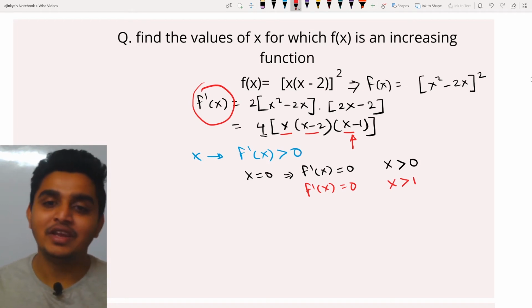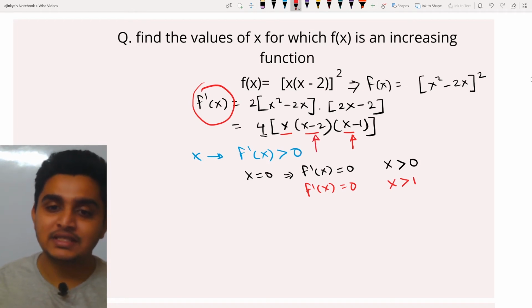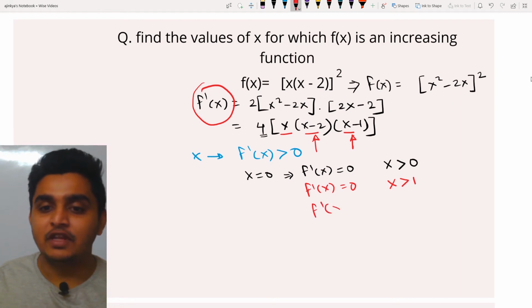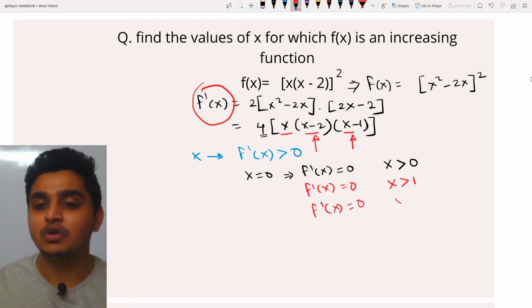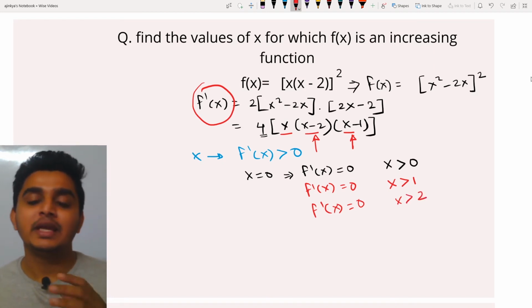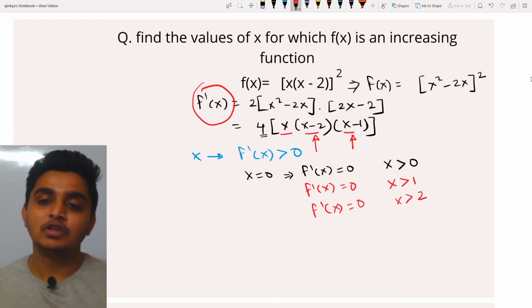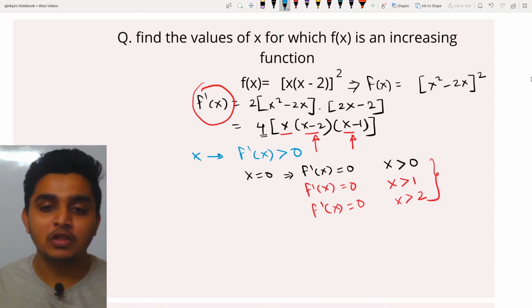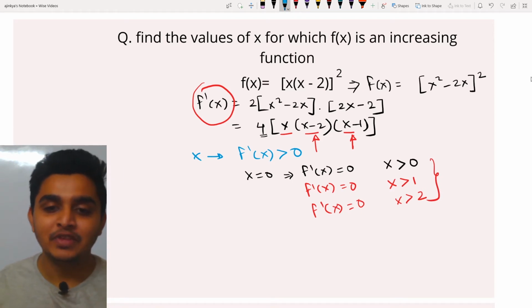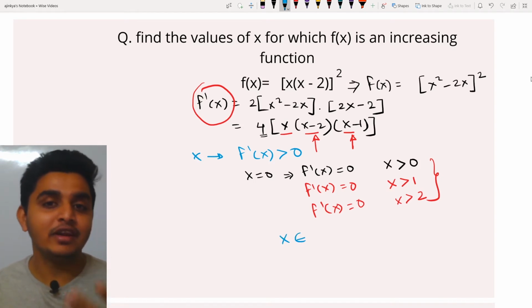And in the same way, now you must have known that f dash of x, if we put x as 2, then again it is going to be 0. So it needs to be greater than 0. So if we combine all these terms and all the equations, we can say that x should belong to anything which is greater than 0.